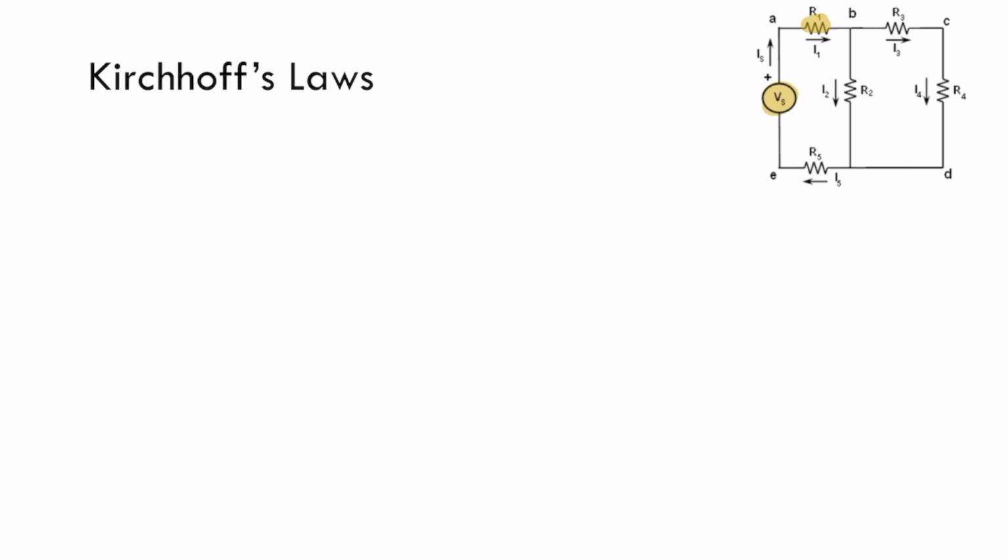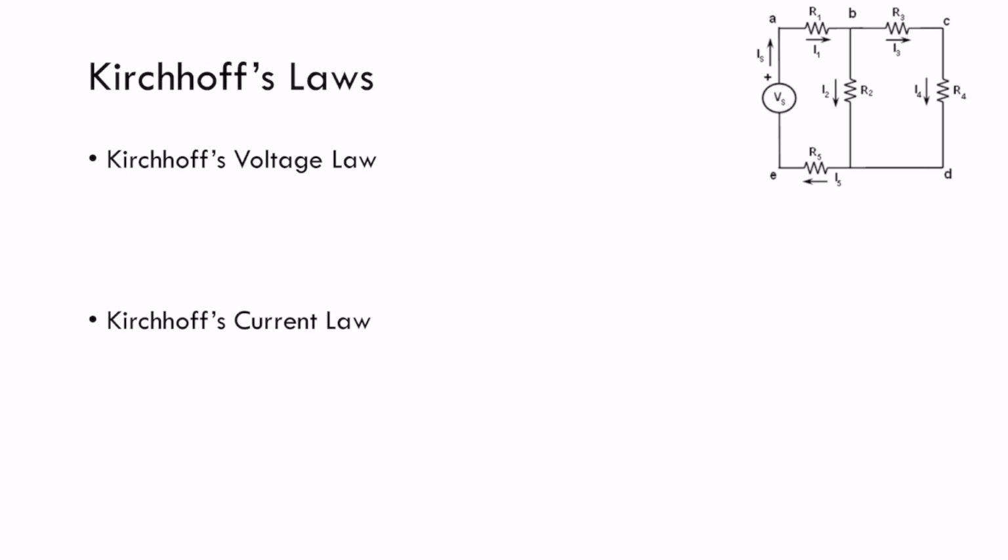Then you have several resistances. The Kirchhoff laws tell you the relationship between voltages and the relationship between currents. There are two Kirchhoff laws: the first one is the voltage law, and the second one is the current law.